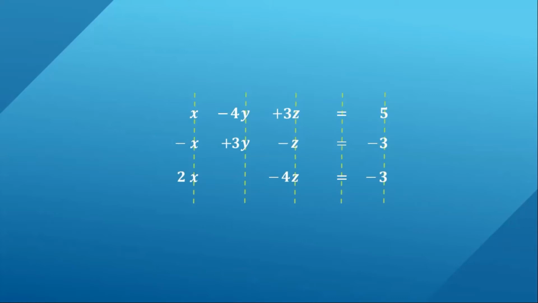Next, I'm going to clean this up a little bit. Those plus signs are distracting, and I need to go ahead and reveal the invisible ones that we don't usually take the time to write out. Note, I place a 0y in equation 3 to indicate that placeholder. Next, the time saver comes in that we are not going to write the x's, the y's, the z's, and the equal signs.